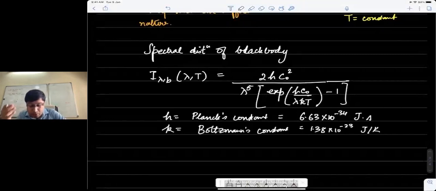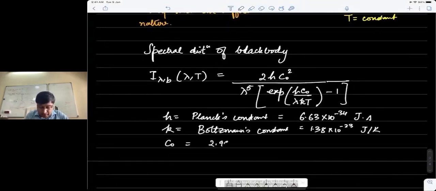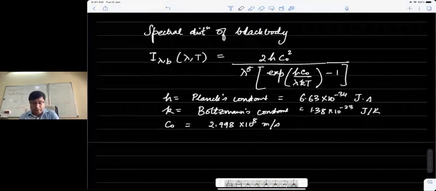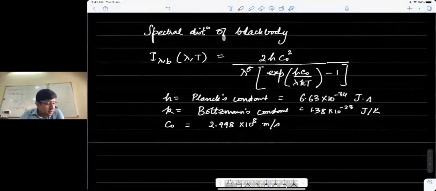T is of course the absolute temperature in Kelvin. Lambda is the wavelength. C naught is the speed of light in vacuum, which is 2.998, 10 to the power 8 meter per second. So the spectral emission of a black surface would be given by this law.